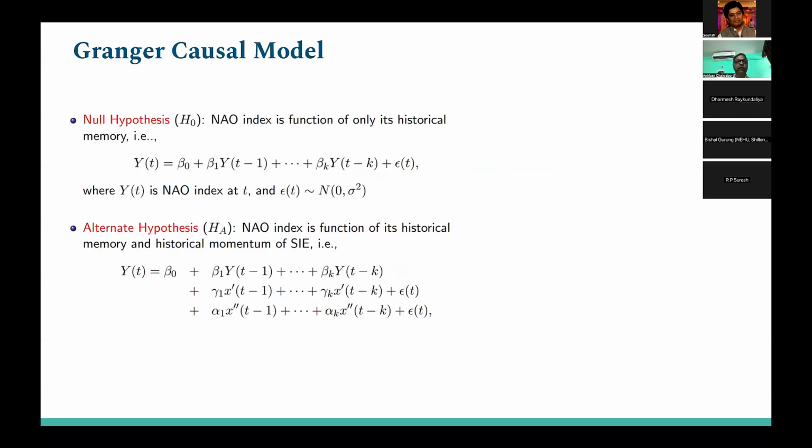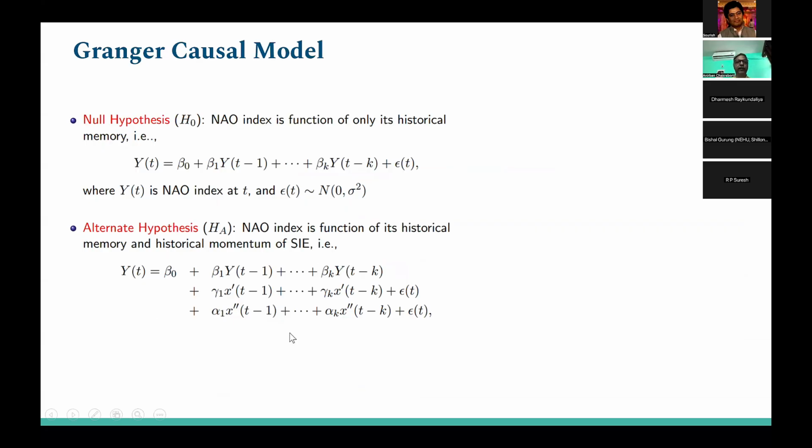For example, we have made the null hypothesis that the NAO index is a function of only its historical memory. So then you model it with this equation. The alternate hypothesis is that the NAO index is not only a function of its historical memory, but it is also a function of the historical momentum of sea ice extent.